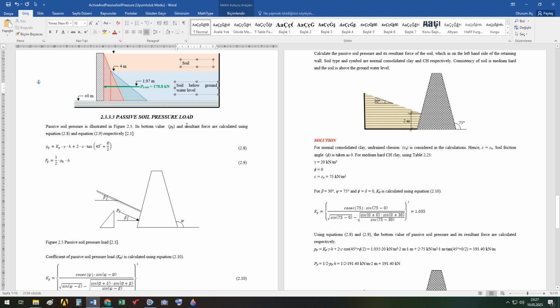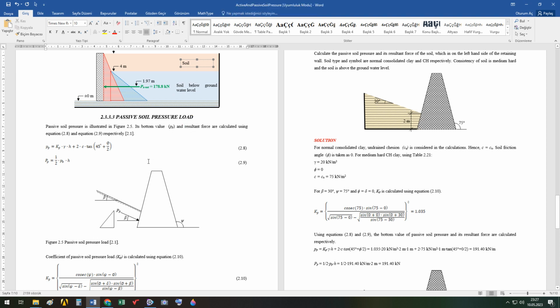Now, passive soil pressure load. Passive soil pressure is this situation. When you have active soil here and a small amount of soil at the other side of the retaining wall, in this situation you also have to calculate the pressure coming from the side with less soil.